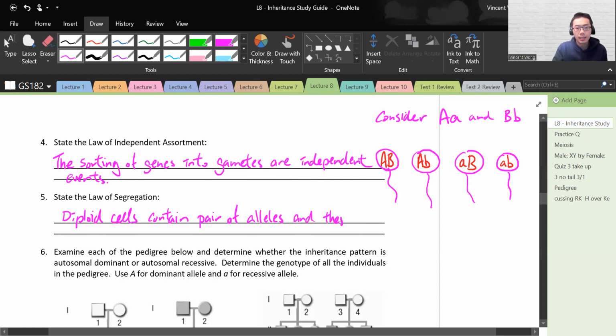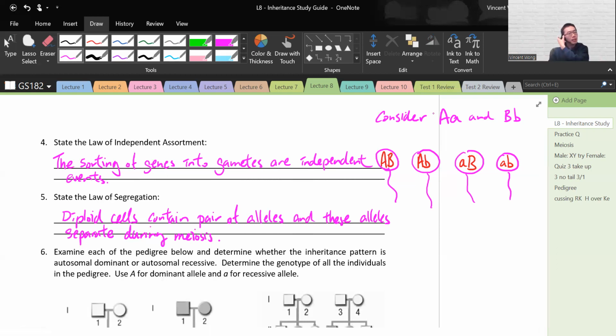And these alleles separate during meiosis, right? And it gets passed down. Right? There are two A's, your big A, small a. You either get the big one or the small one, not both. Okay, it separates. So that's the law of segregation.